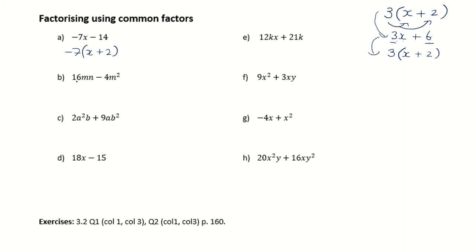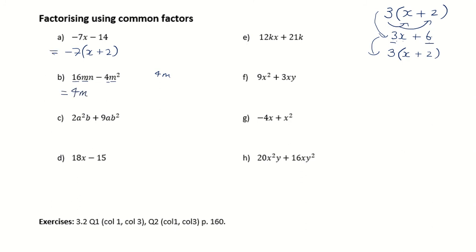Now this one, what do these two terms have in common? Well, we have a 16 and a 4. I'm just going to write this off to the side to help us. They have a 4 in common. They also have an m in common. So they have 4m in common. So we're going to have 4m out the front.